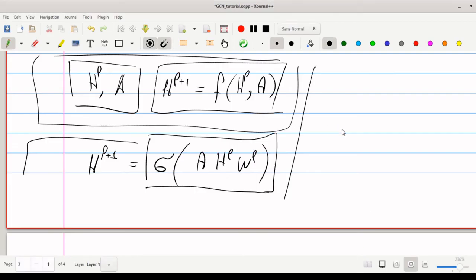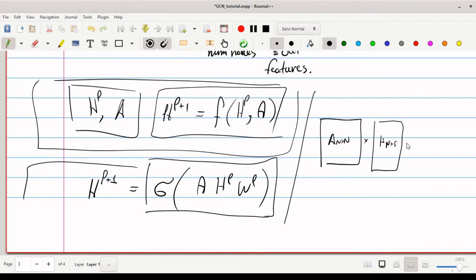In order to understand that, let's visualize the different matrices that we have. We have the matrix A. It is of size n by n, where n is the number of nodes. It is multiplied by the matrix H, and H has a size n by f, where f is the number of input features.